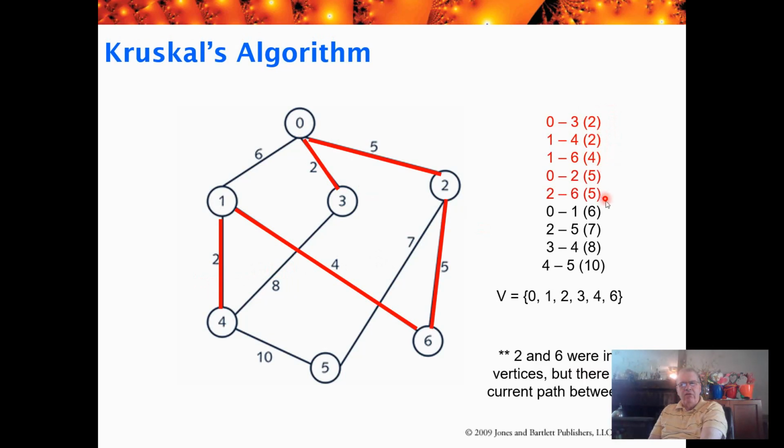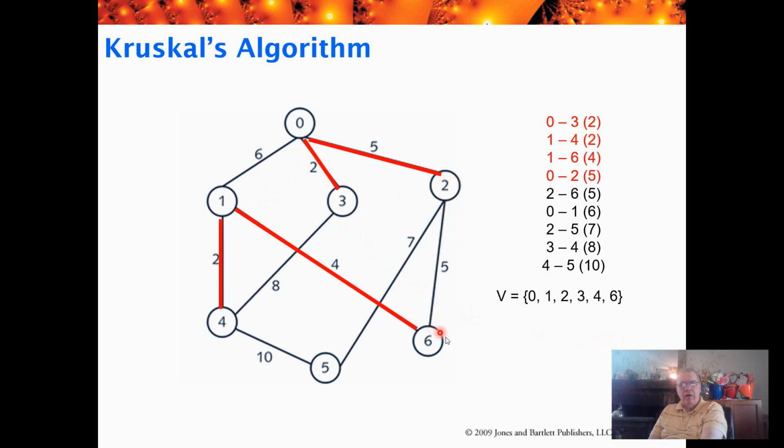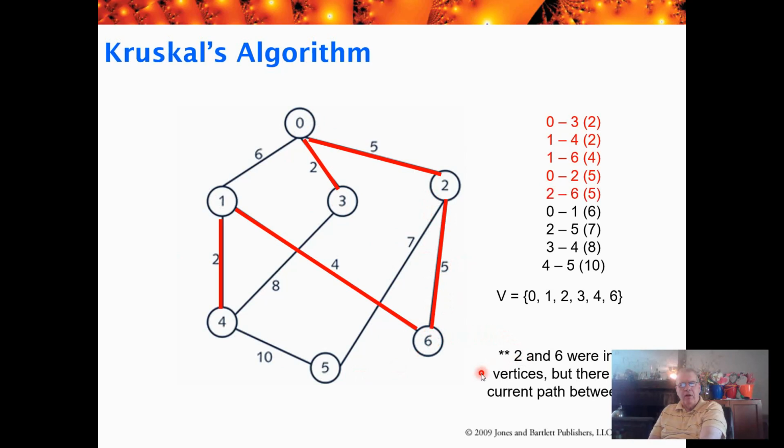Now when we get to 0 to 2 and 6, 2 and 6 were in the set of vertices, but there was no current path between them. 2 and 6. Let me go back one. So in this situation, there is nothing that connects this part of the graph with this part of the graph. And so 2 and 6 has nothing between them.